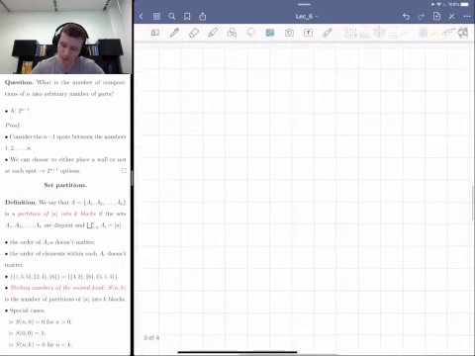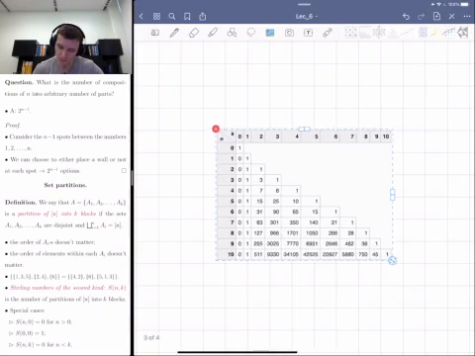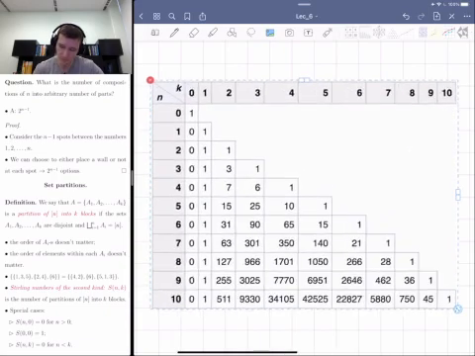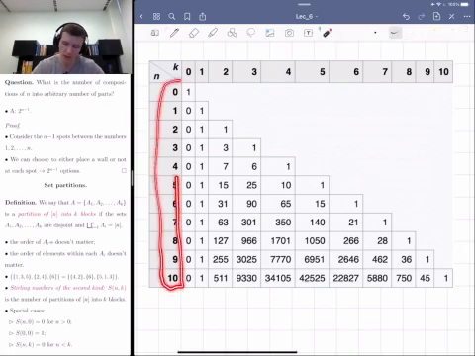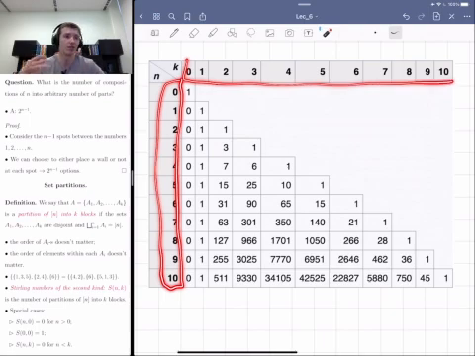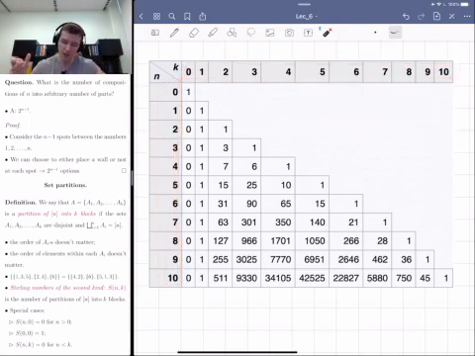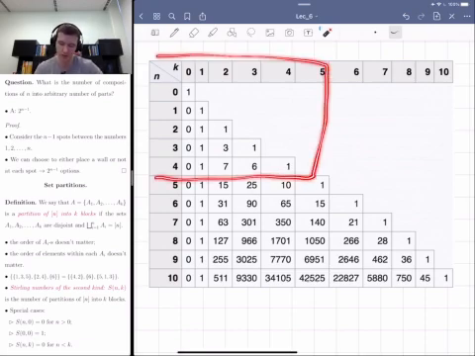But let me show you a table of these numbers. We have n on the left and k on the top. As I mentioned, whenever you're dealing with new objects, just make such a table using the computer, or make the first 4 rows by hand.